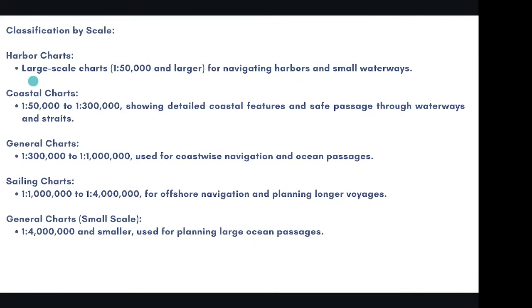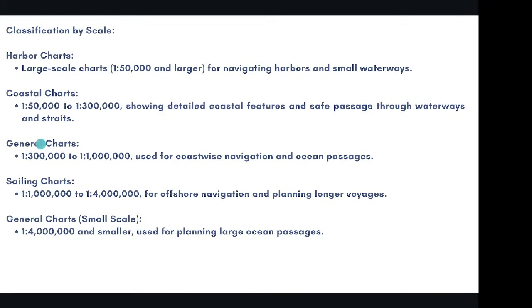We also have what we call the coastal charts. The coastal chart shows detailed coastal features and safe passage through waterways.